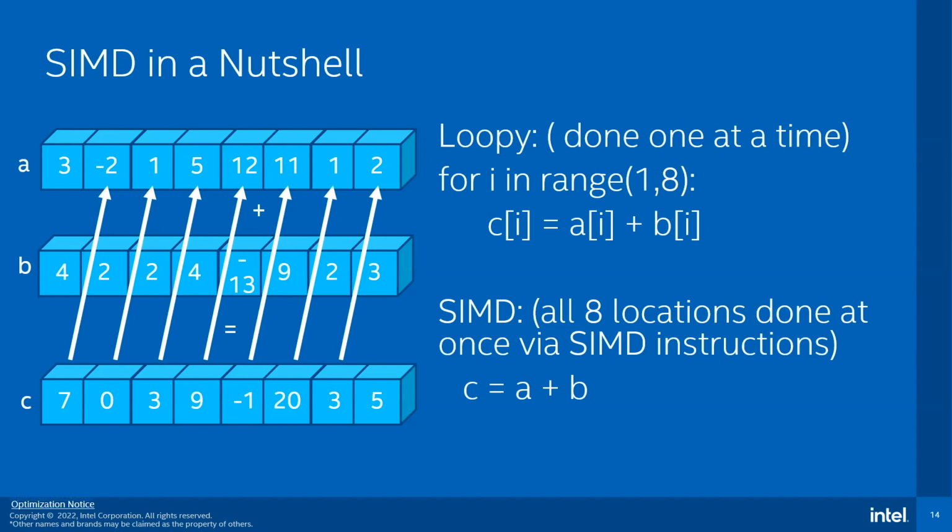Now we can take advantage of the fact that the hardware loves to pull in a cache line at a time from that memory. So it's going to pull in, let's say, 16 elements at a time. I'm just showing maybe 8 here. But it'll pull in all 8 of those simultaneously in one SIMD instruction. It'll pull the other 8 elements in one SIMD instruction, and then it adds them and stores them.